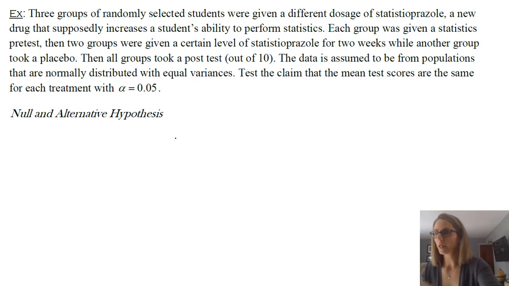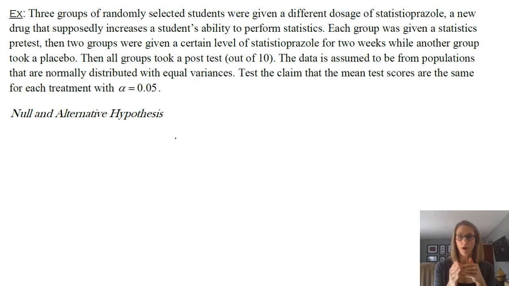We have 3 groups of randomly selected students, and they were given a dosage of statistioprazole, a new drug that supposedly increases a student's ability to perform statistics. How nice would that be? Each group was given a statistics pretest, and then 2 groups were given some statistioprazole.